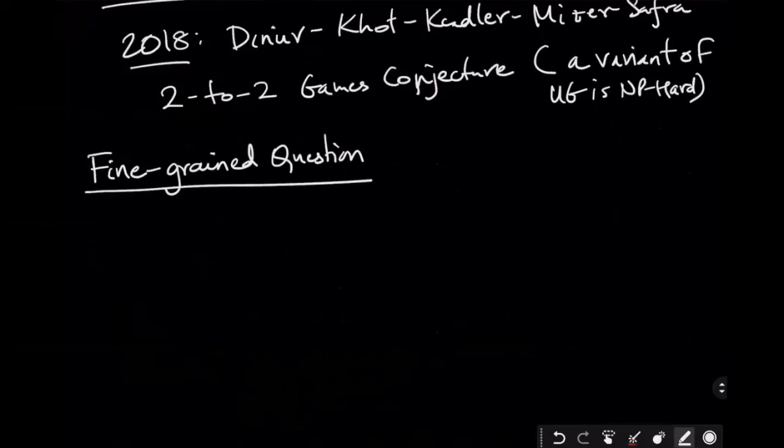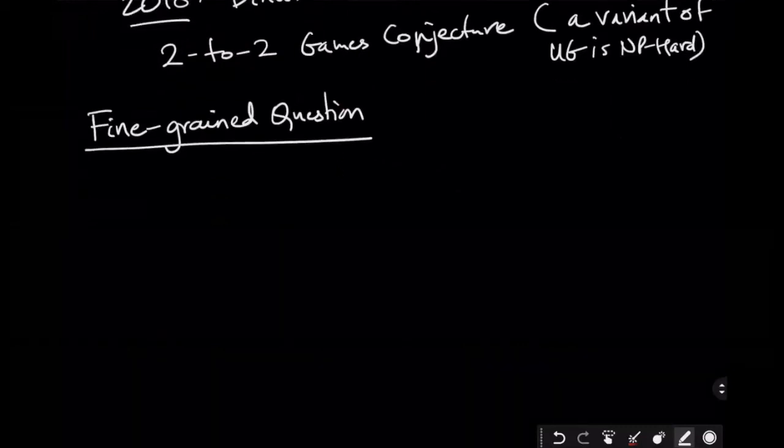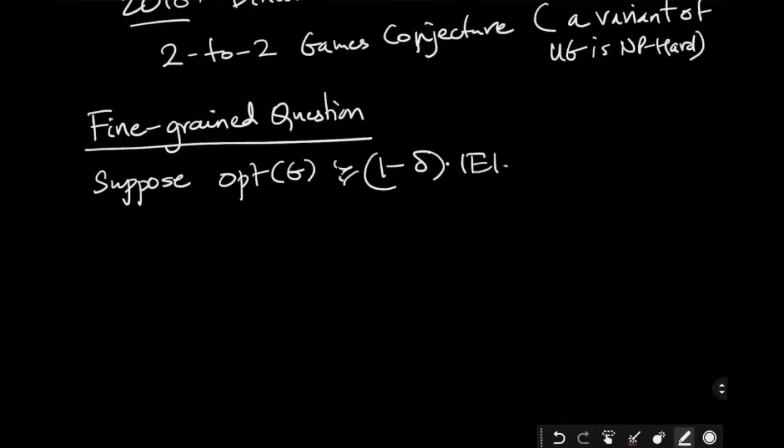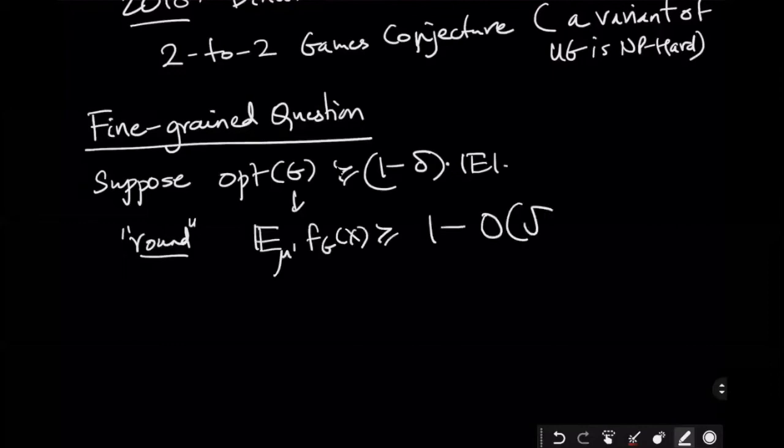And so let me say it this way: suppose opt of G is at least 1 minus delta times E. Then I said that we can round to mu prime such that the rounding value, the expectation over mu prime of f_G(x), is at least 1 minus O of square root delta times E.